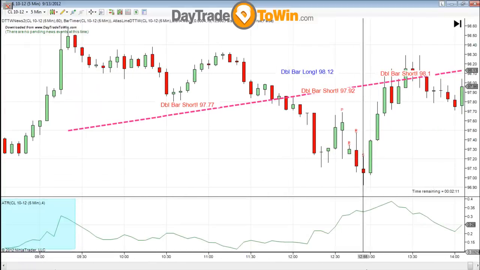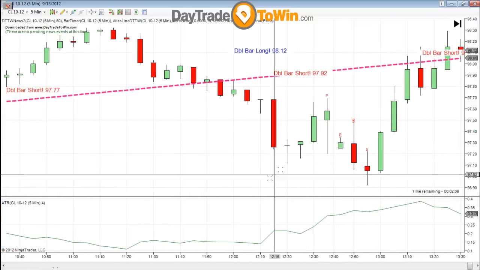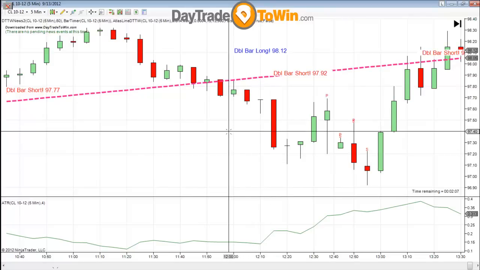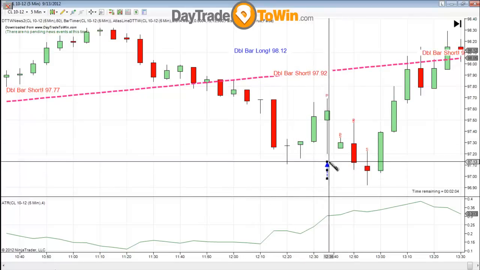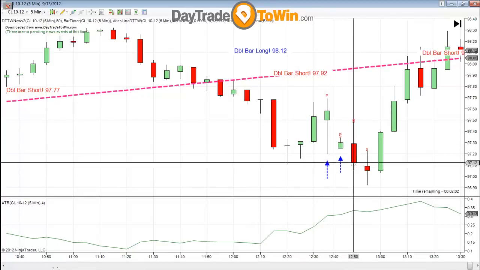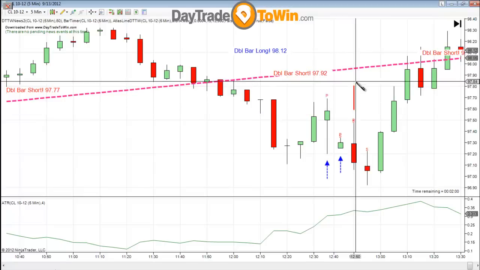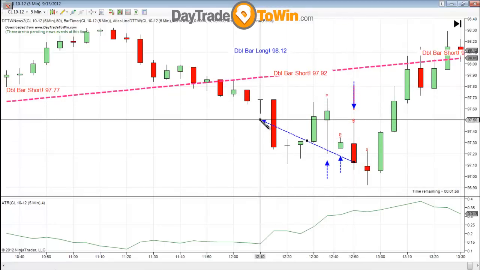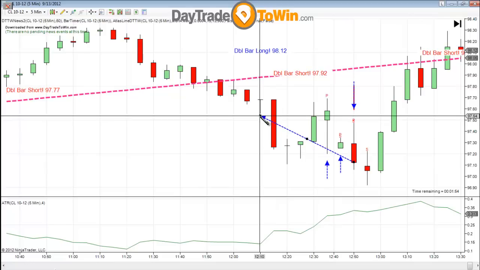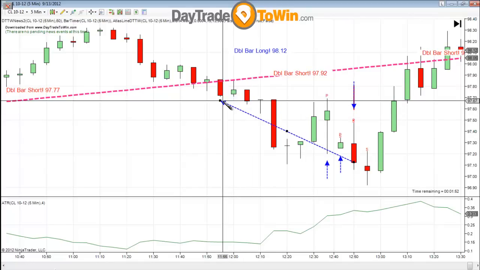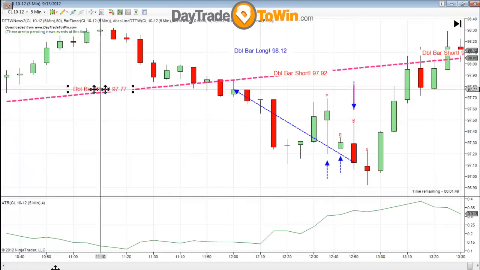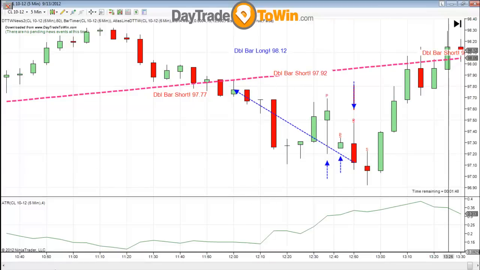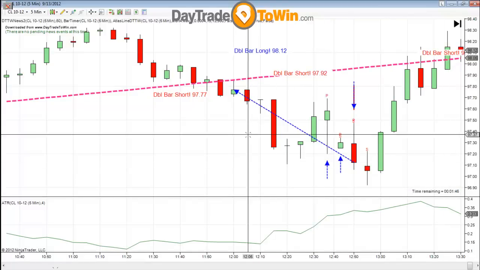Okay, so here we have a pullback trade, right? We have a pullback trade here because we have two green bars pulling up, and we have one red candle telling me it's time to go back down. Is this entry higher or lower than either a previous pullback or the original double bar short, which is here? It's lower.